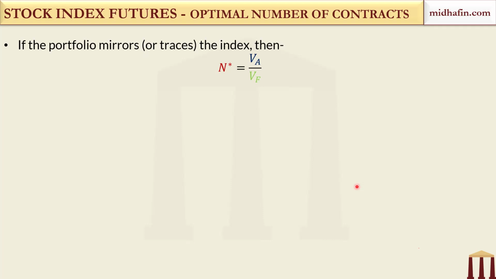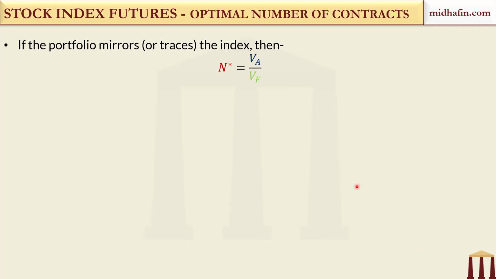Obviously, we will not get the same portfolio of futures in the market, because my portfolio is something I have created. Why would any exchange have a standardized portfolio like that? So I have multiple stocks in my portfolio, say 32 stocks. Now suppose my portfolio mirrors the index, or follows the index very closely.